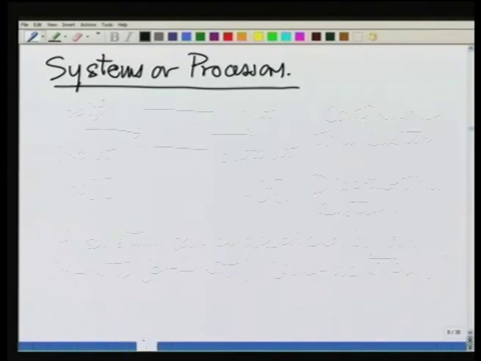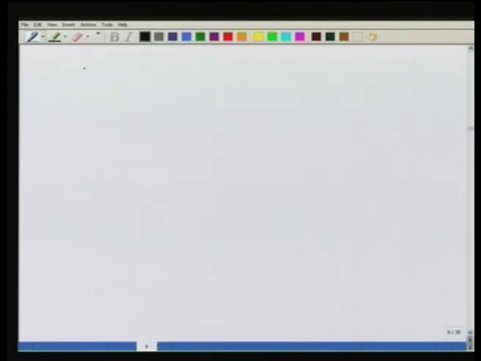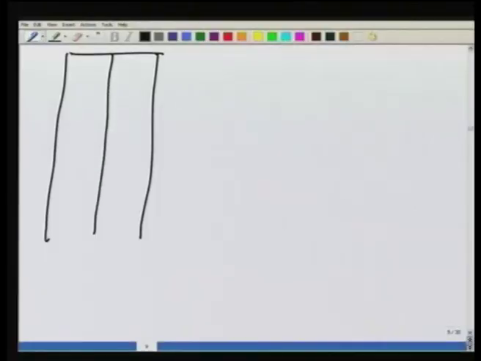This lookup table would essentially have two columns. One column would have the input and the other column would depict the output.